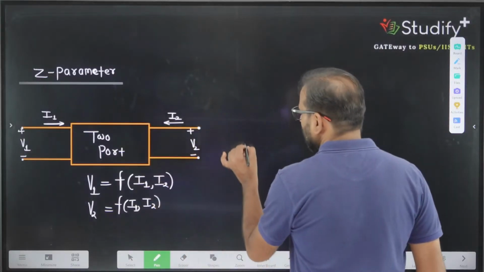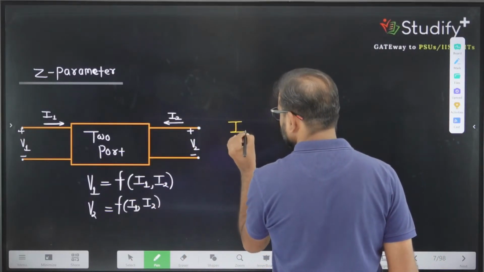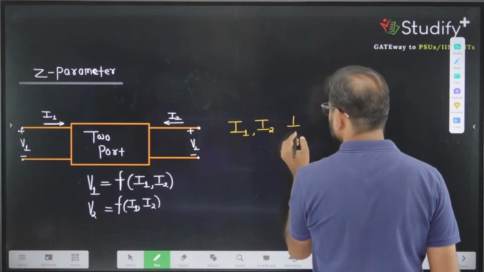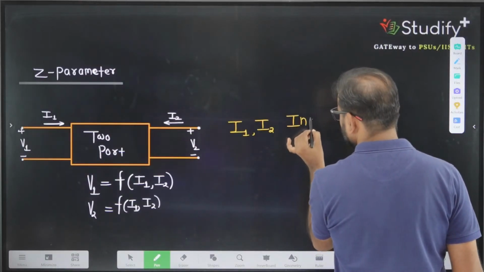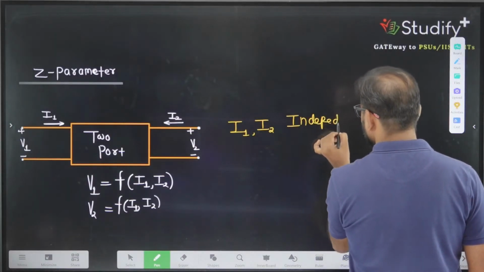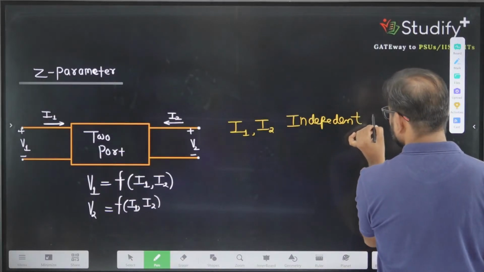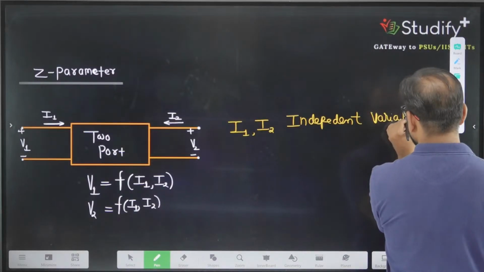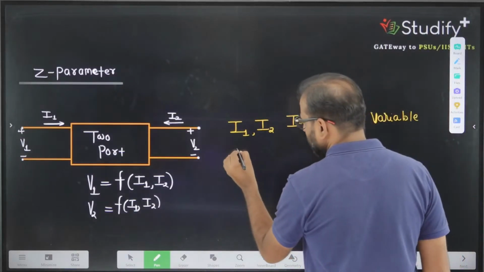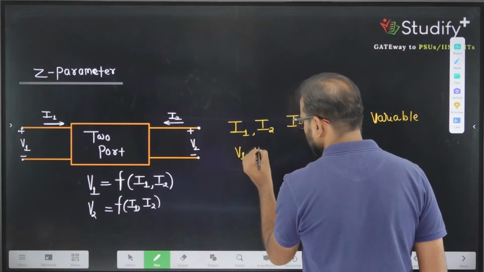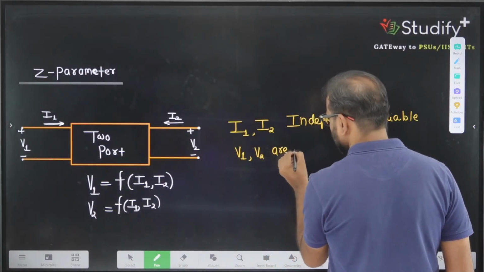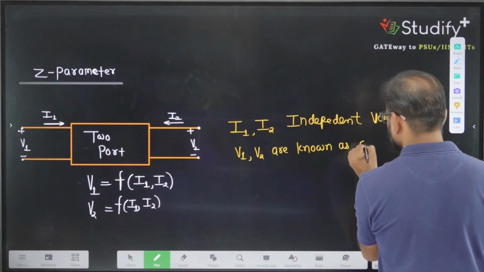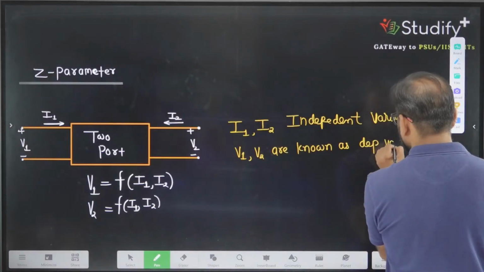So I1 and I2 are independent variable while V1 and V2 are known as dependent variable.